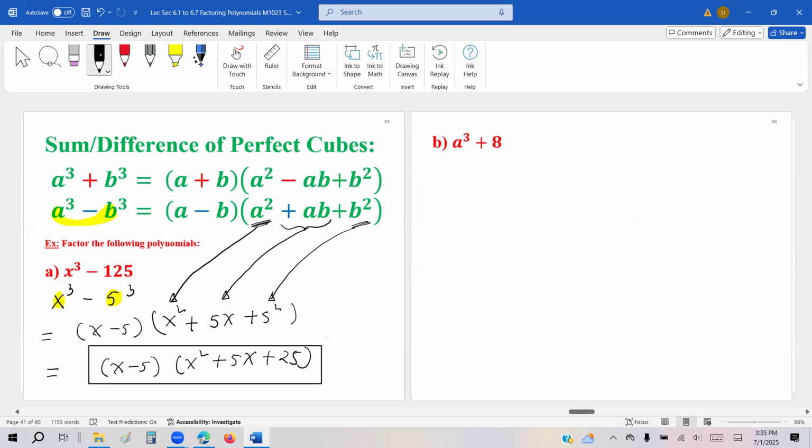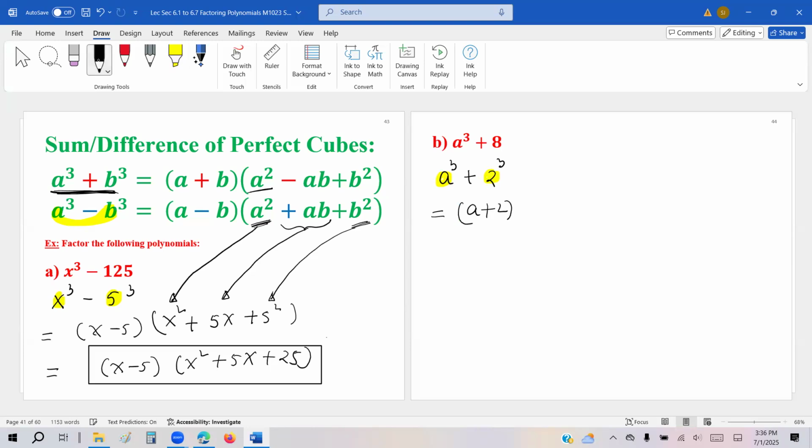Let's do one with the plus. For squares, it's prime, but for cubes, it's not prime. So we have a cubed plus 2 cubed. That means we're going to use this formula. It says add the bases. So we have base a and base 2. Add them, a plus 2.